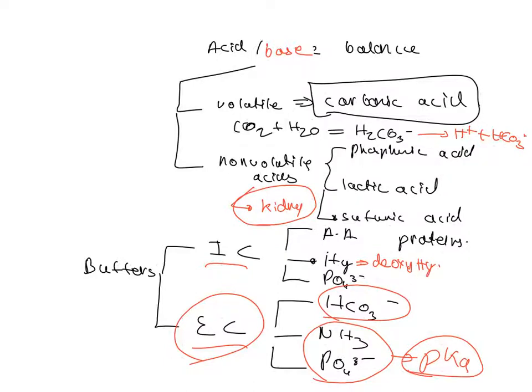However, biologically, it is the bicarbonate buffer which is more prevalent and more useful. There are only two reasons for this. One, since bicarbonate ions, when combined with an acid, can obviously be expired easily through the lungs. The second one is there's a large quantity of bicarbonate ions in our blood. Therefore, it's a better buffer.